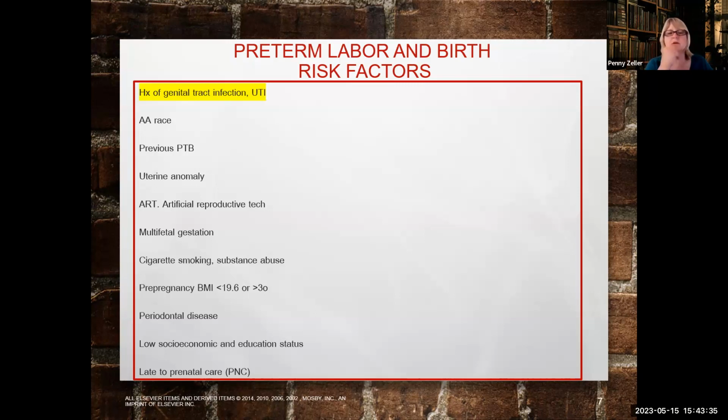Periodontal disease, that's in the gums. Tooth abscess can cause early labor. When you have a serious infection like that, it can spread rapidly throughout the body. When there's an infection like that, inflammatory markers, cytokines are being circulated, and sometimes prostaglandins are released.